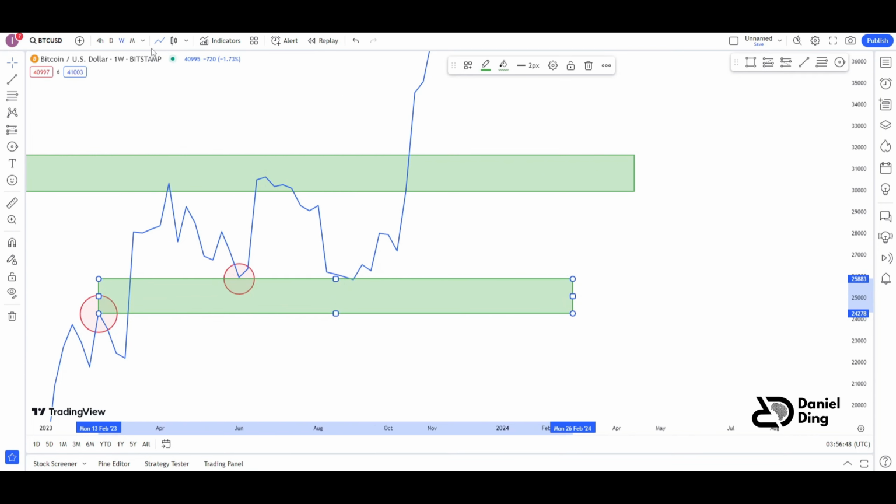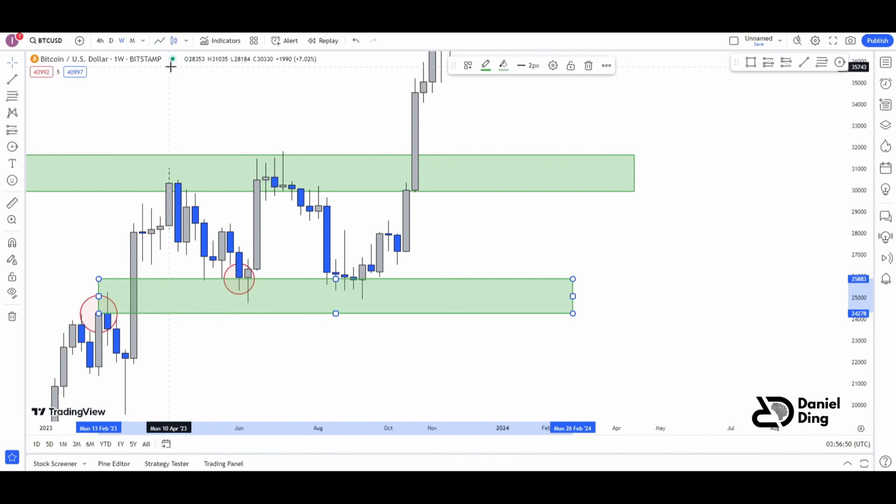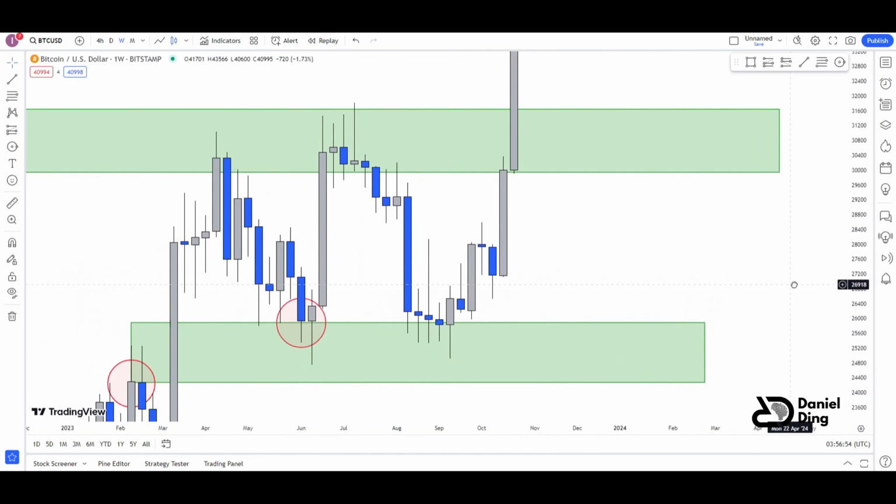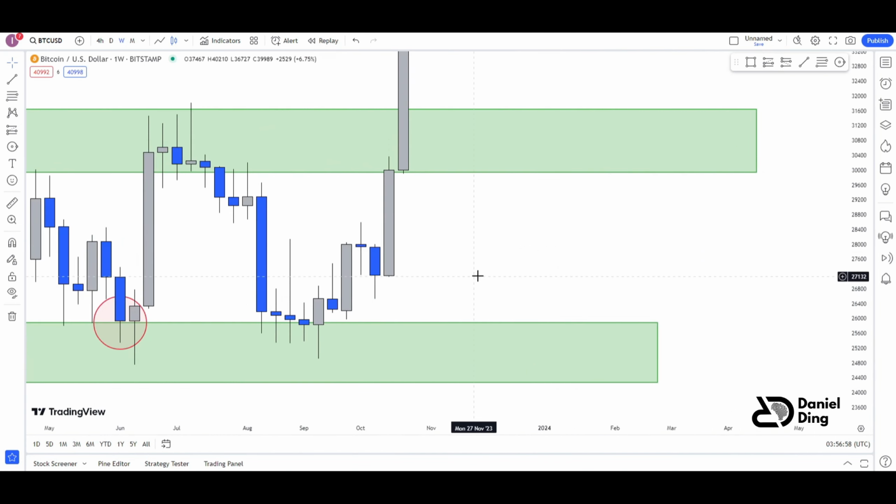That's why I like to use a line chart, because if you use candles, there is too much noise. So you see that there is a reversal. If you zoom in on August 28, 2023, this is what we call an inverted hammer.